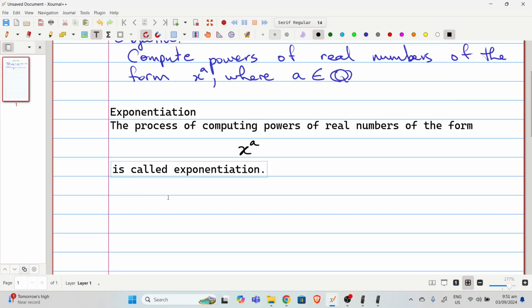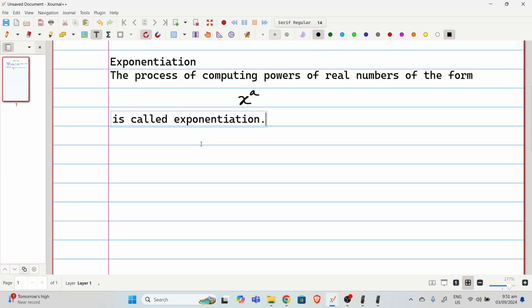In exponentiation, all we're going to do is take x, which is the base, and multiply it by itself a times, which is the exponent.